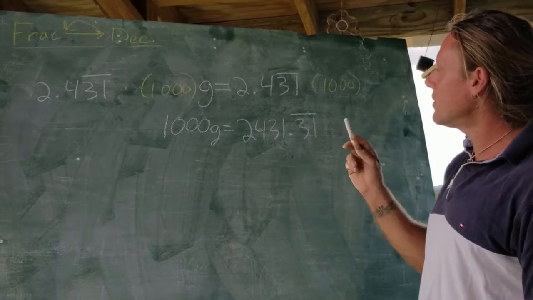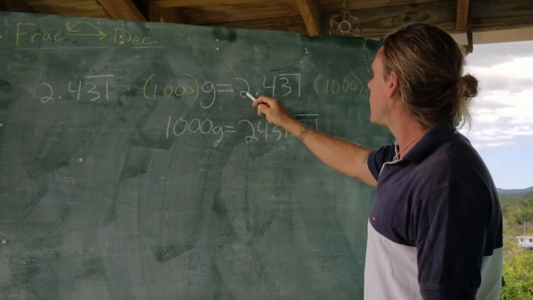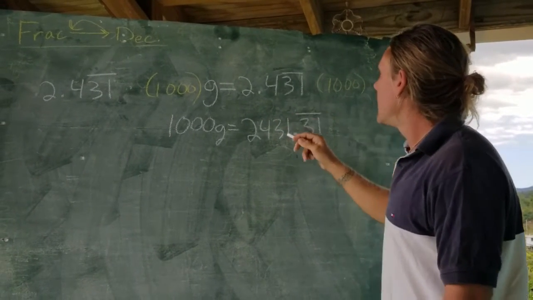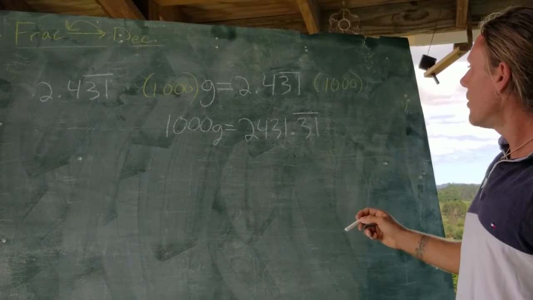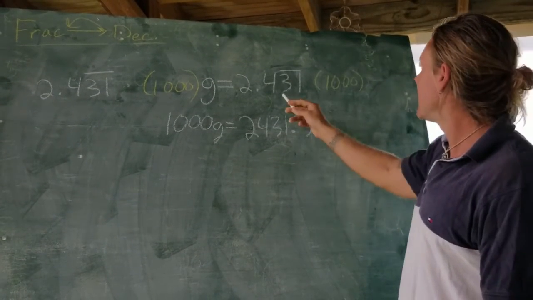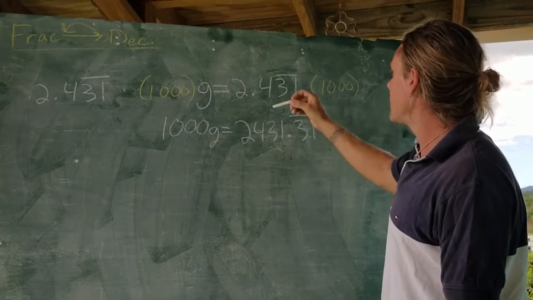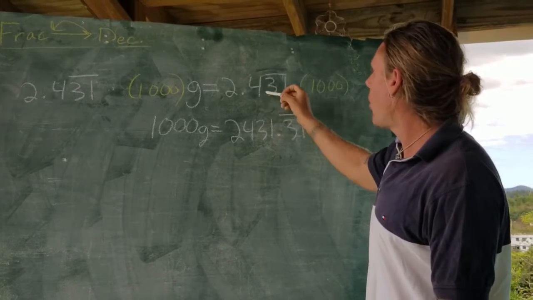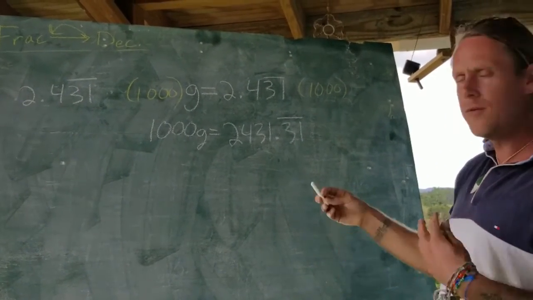But look, something's a little bit different here. We originally let G stand for 2.431 repeated. If we subtract G from both sides like we've been doing, we're going to run into a few problems because this isn't 0.31 repeated where we can simply move the tails off. This is 2 with this extra 4 here. So let's not panic. Let's critically think through this. We've moved decimals around before.